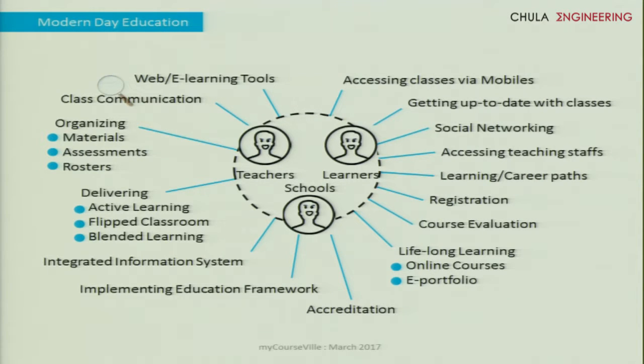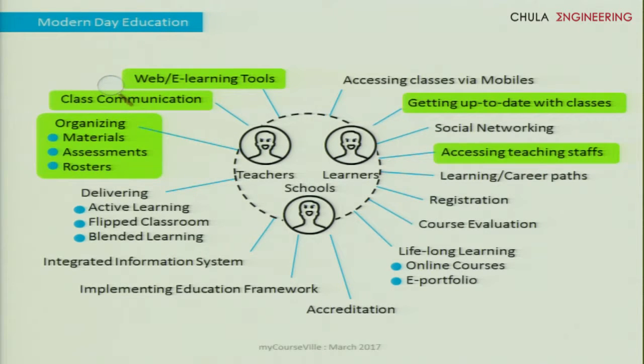So in our case at Chulalongkorn University, the green parts are the ones that we can achieve using the learning management system that we purchased. We have been using a licensed commercial software for more than 10 years, and these green parts are what it covers.